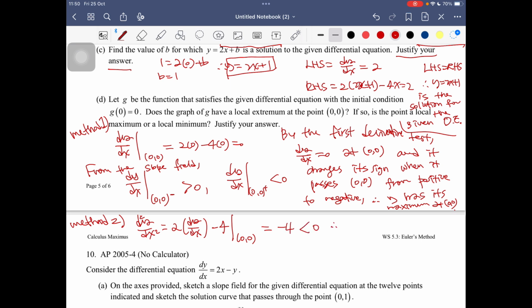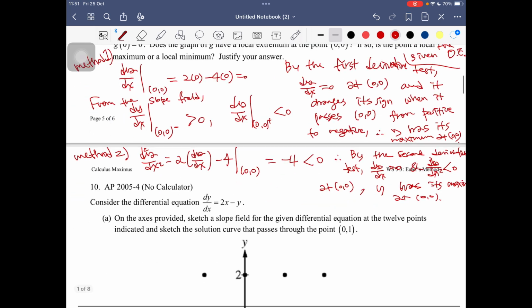Therefore, by the second derivative test, dy/dx is 0 and the second derivative is smaller than 0 at (0, 0). So y has its maximum at (0, 0).